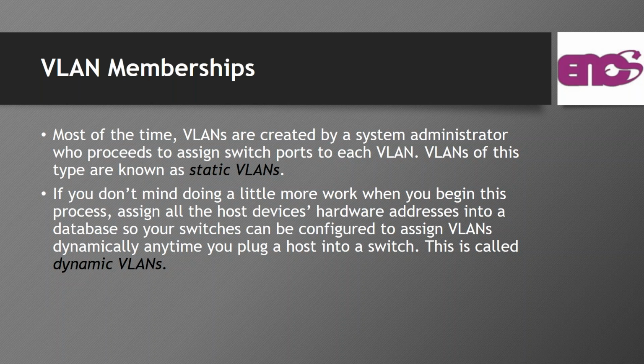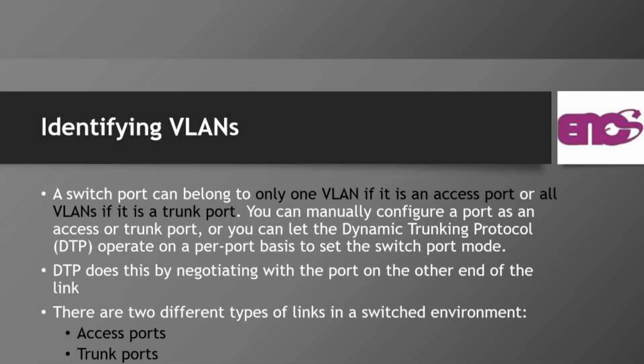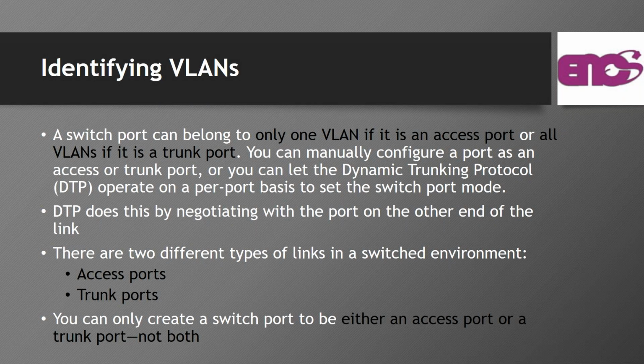So these VLANs can be statically assigned, and can also be dynamic. Now, identifying VLANs: a switch port can belong to only one VLAN if it is an access port, or all VLANs if it is a trunk port.